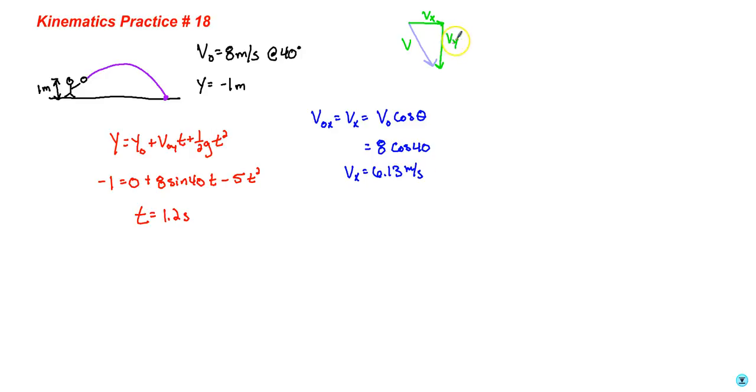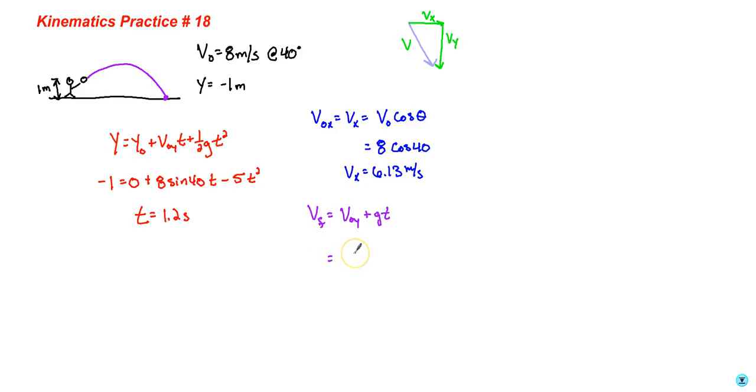Now I need to find v sub y. V sub y is changing. It increases as it goes up, and then decreases as it comes down. And we would like to find how much that is when it hits the ground. So to do that, I'm going to use v sub f equals v sub oy plus gt.